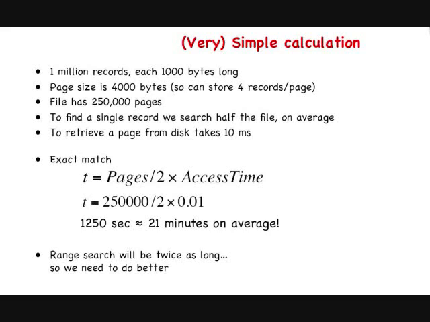Think Facebook, think Amazon, think whatever. Amazon sales rank 948,537 or something. You think, hang on, that means there's at least 1 million items in there. So our range search will be twice as long as whatever that long time is. We have to do better.